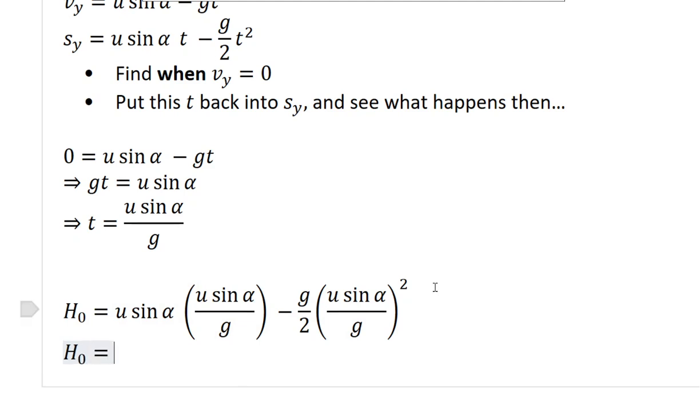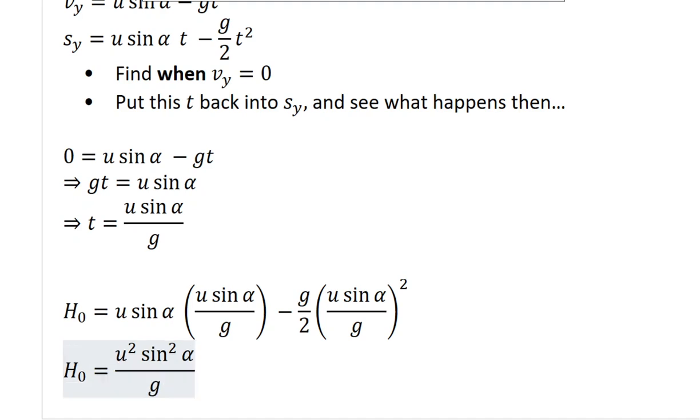So what have we got? Multiplying out the first bracket, we're going to get a u squared sine squared alpha over g. And actually I think we're going to get something similar here.